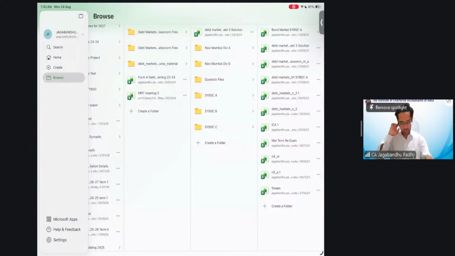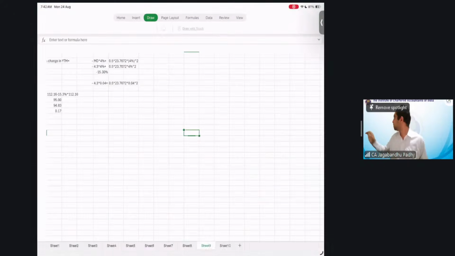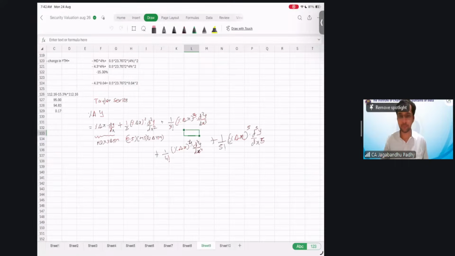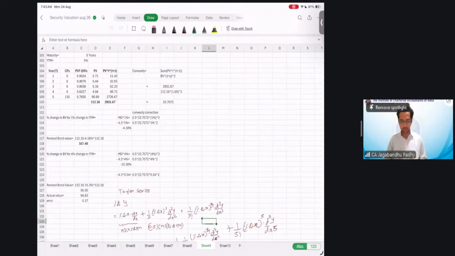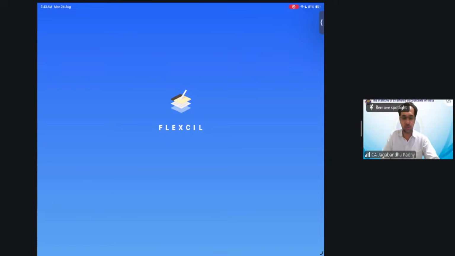Now, we have seen how the calculation for convexity and everything is done. Let's do a couple of questions now.